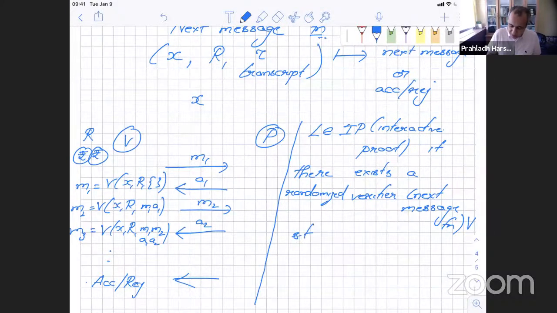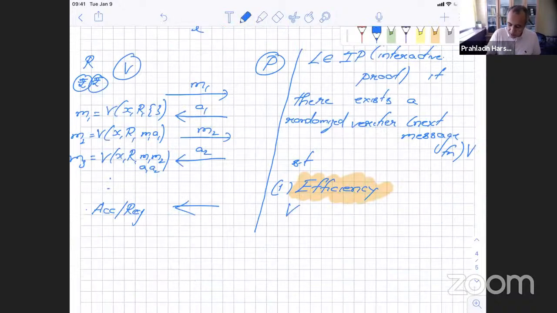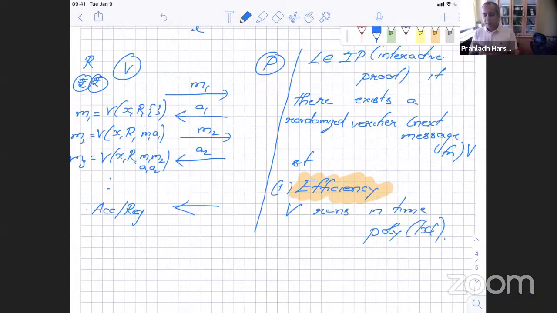One, as before, efficiency. V runs in time polynomial in the length of the original input. Therefore, all the randomness it uses and all the transcripts it sees have to be polynomial in the length of the original input. That's efficiency.